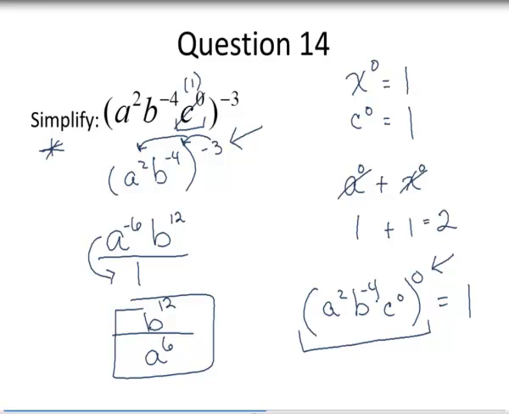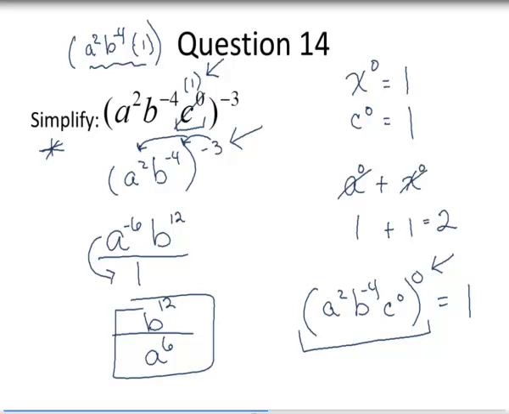Yeah, I see a question in your face. Yes, you're right. She's asking me about the 1 in the parentheses. Do you see the 1 right up here? It is. It's a squared b to the negative 4 times 1. That's exactly what it is. But when you multiply anything times 1, it doesn't change that value.